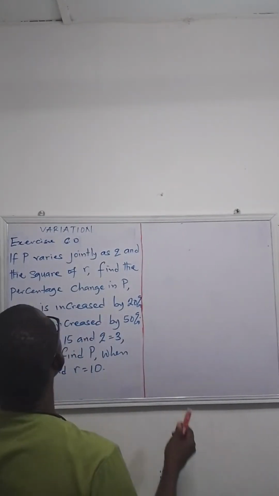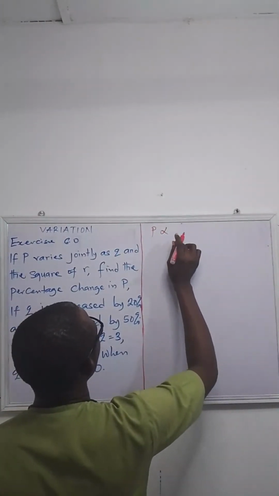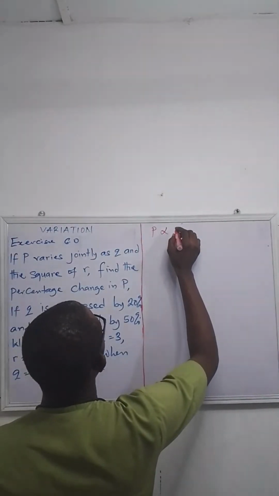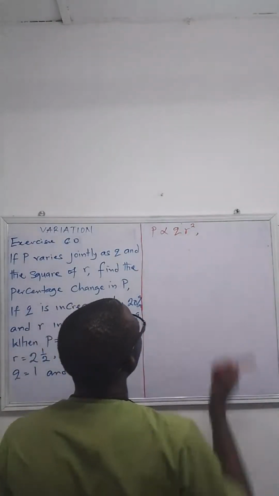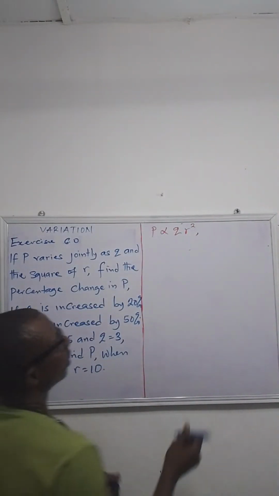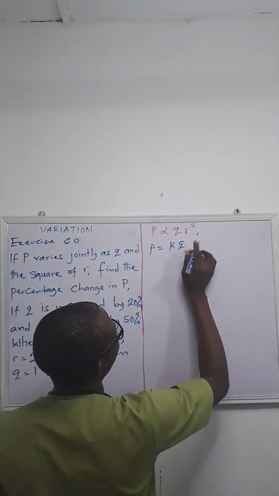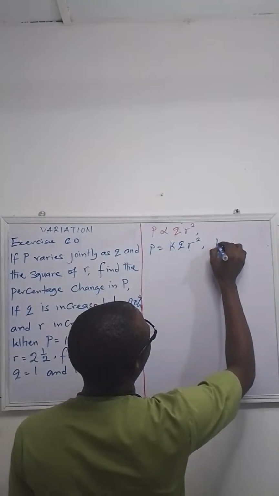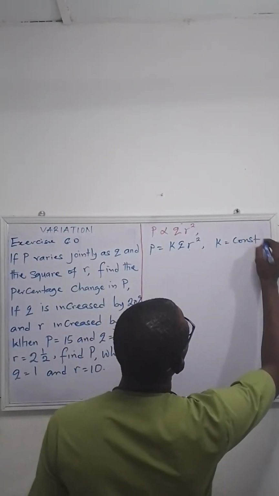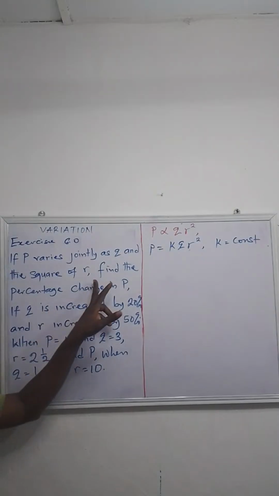P varies jointly as Q and R squared, and this turns to P equals KQR squared, where K is a constant. I want to believe we all understand that. I want us to be doing it step by step. Now let's move down here.